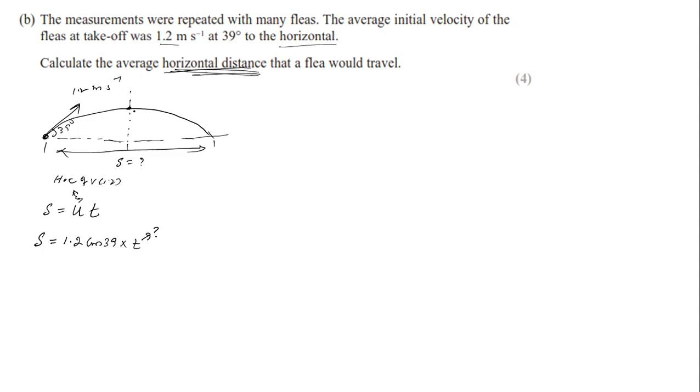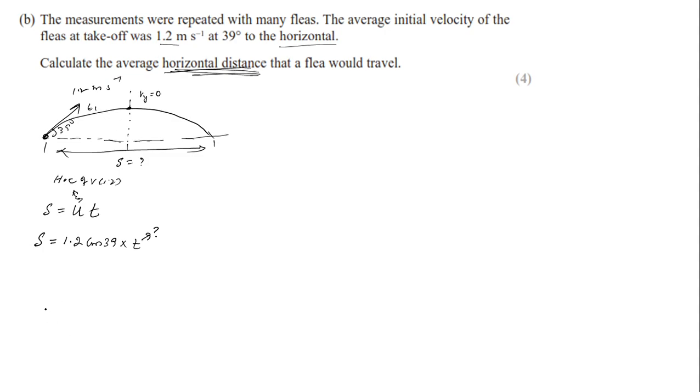You know that at maximum height vertical velocity is 0, and that's the advantage that we are going to take, and we are going to find time t1 for the flea to take off and reach the maximum height. This is vertical motion, so we are going to use any one of the SUVAT equations.